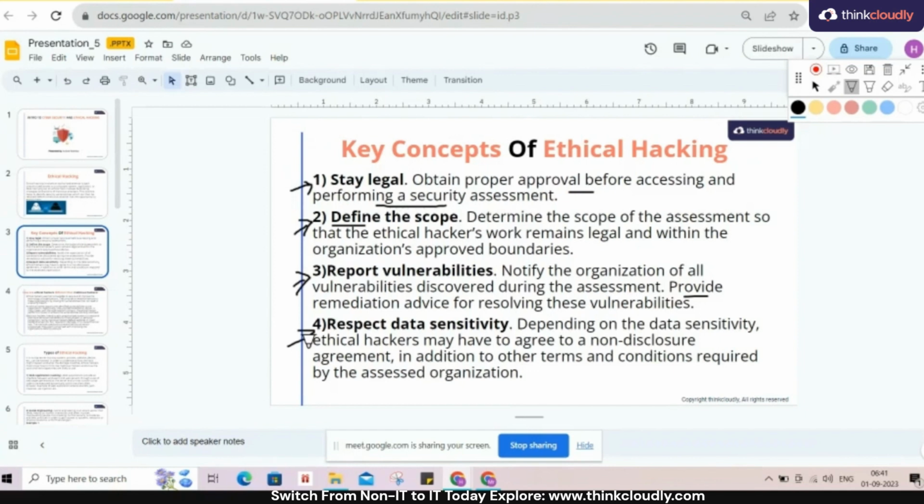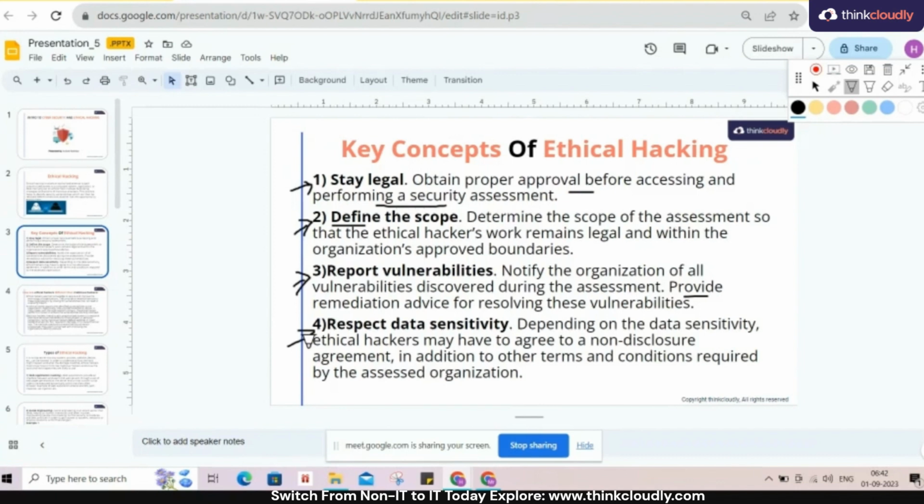You should not share this data with other people or colleagues. Data is everything for any organization right now, so you should respect its sensitivity.